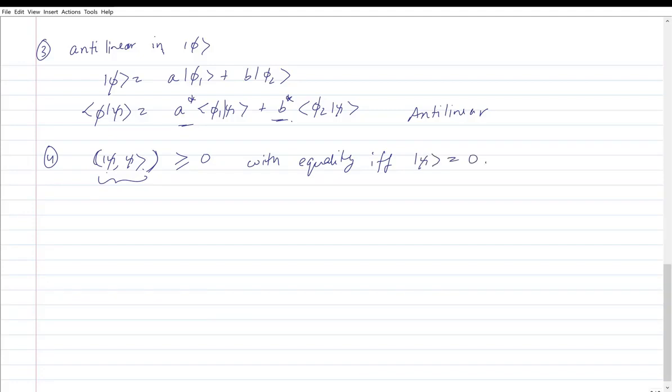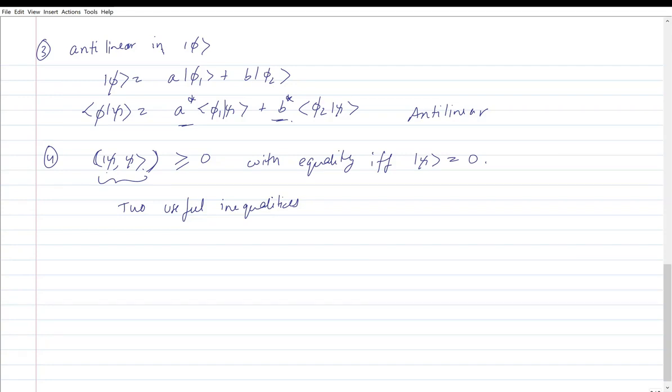Two useful inequalities, I would urge you to try and prove them yourself.